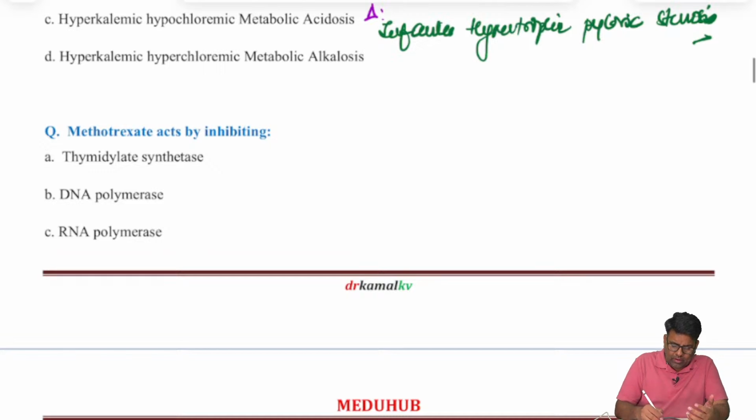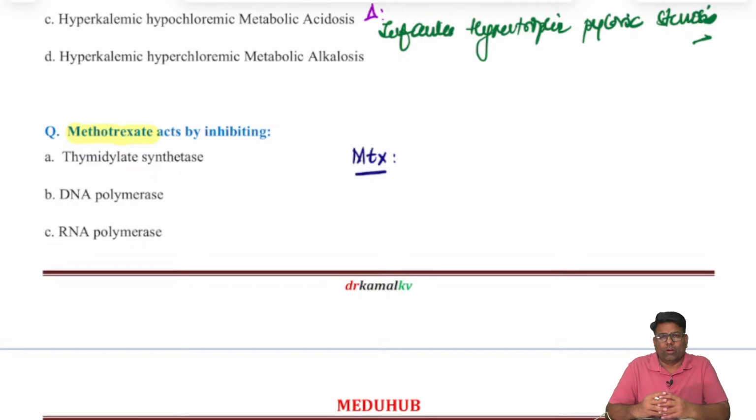Now, there is one anti-cancer drug, that is methotrexate. It was asked like, what is the mechanism of action? I think most of you must have heard about methotrexate, which is given for choriocarcinoma or molar pregnancy, right?